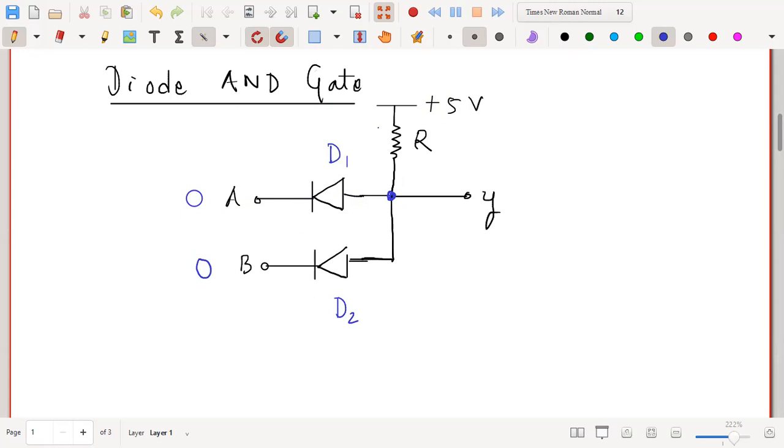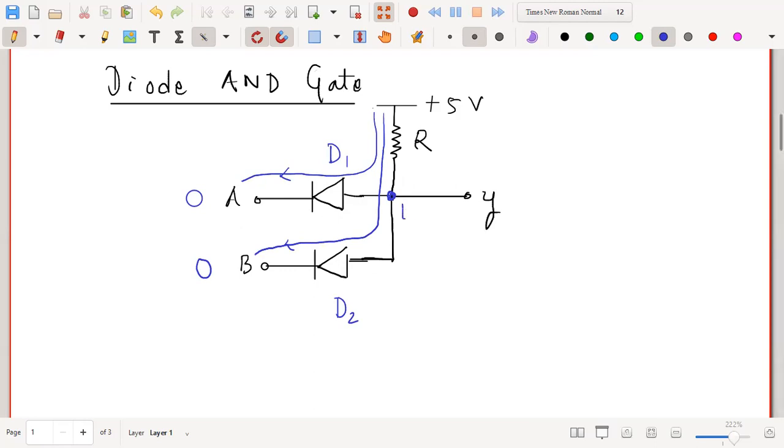So in this case, what happens now? Since the diode D1 is forward bias, the current will flow through this diode. Similarly, the diode D2 is also forward bias, so the current will flow through this diode. As a result, all the voltage drop, that is 5 volt, will drop across this R, and this point would go to ground potential.